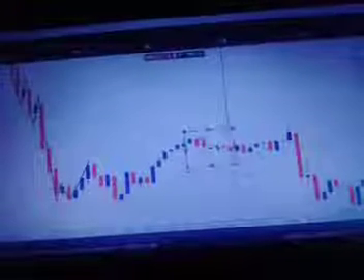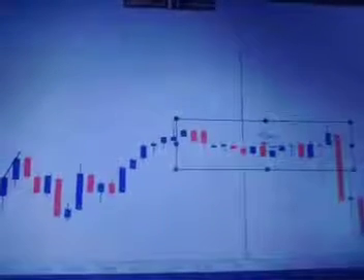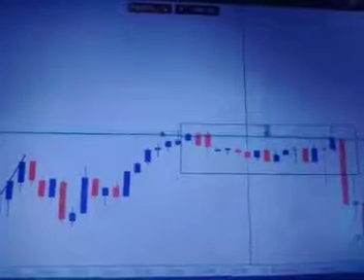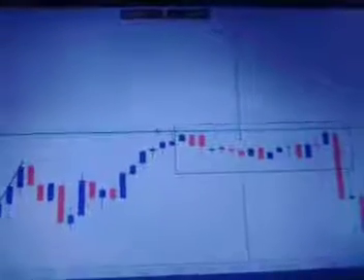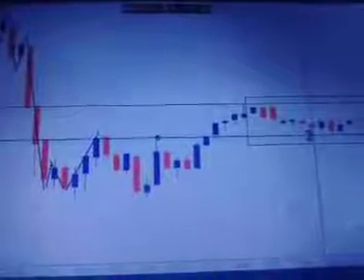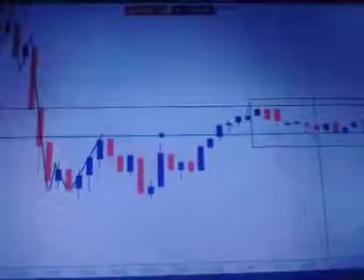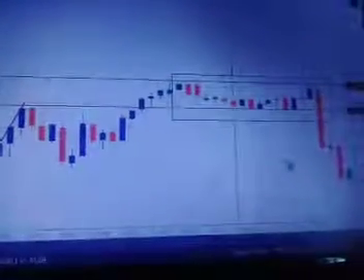This is a ranging market because the market is not trending up or down. The market came to this point, bounced, came down, bounced, came again to this point, bounced again, and went up, bounced, until it broke down and became a downtrend there.